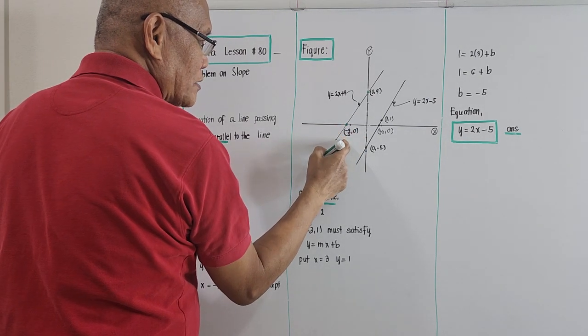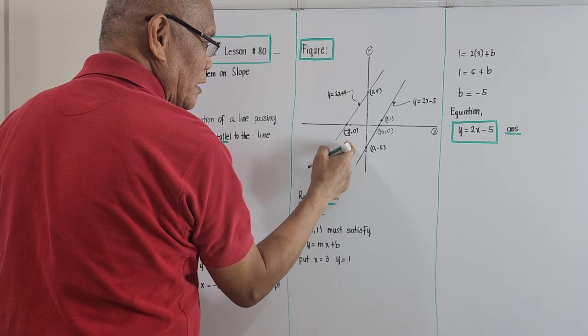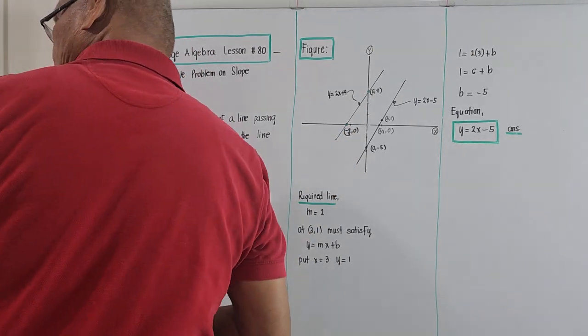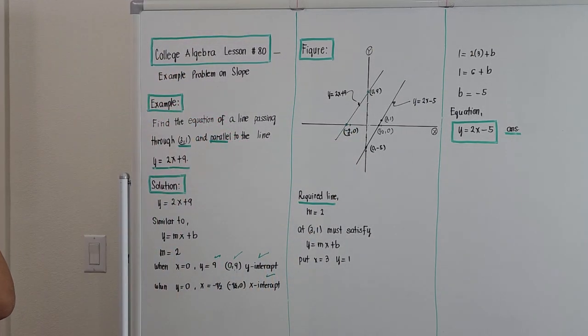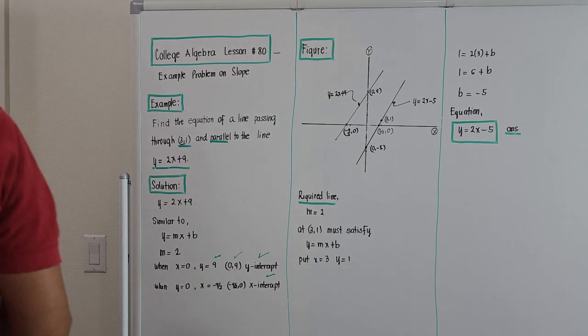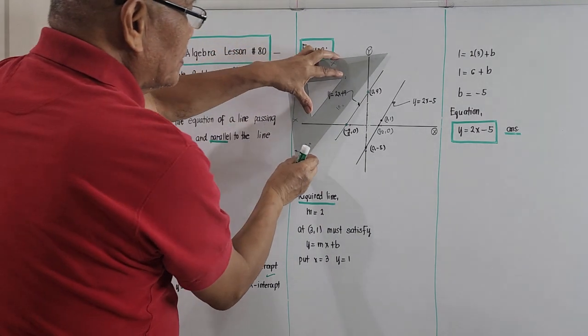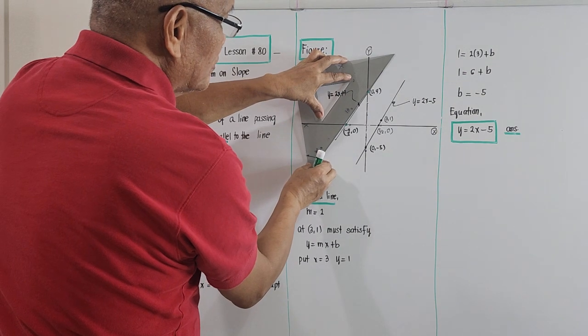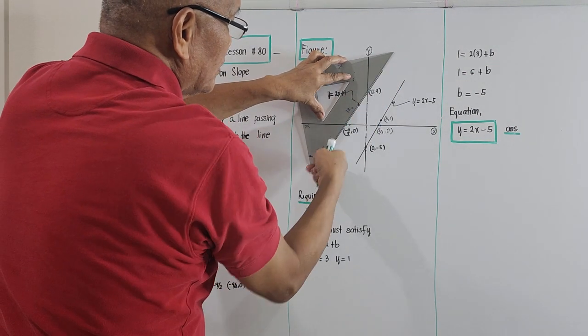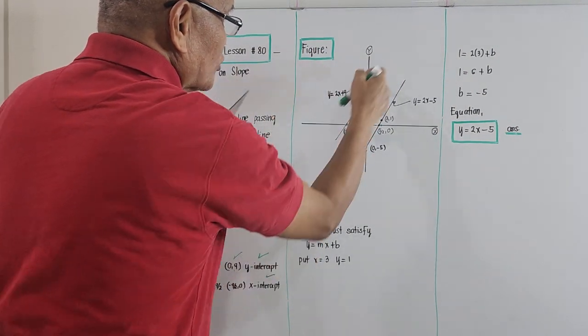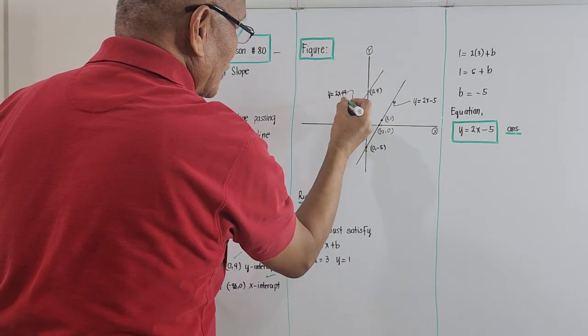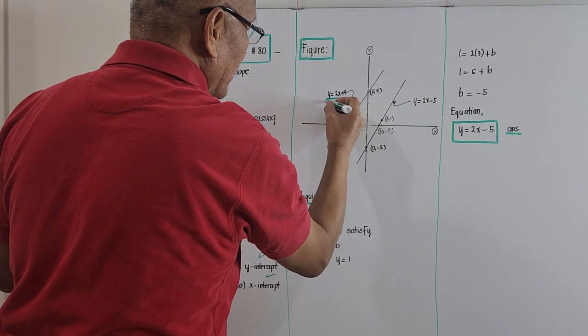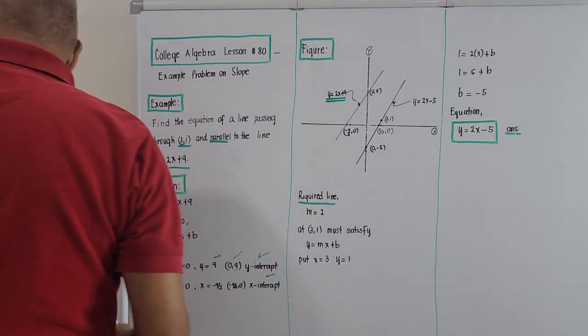And the coordinates of the x-intercept is negative 9 halves and 0. So if we connect these 2 points by using a straight edge, this will be the line, and the equation of that line is y equal to 2x plus 9. Right?